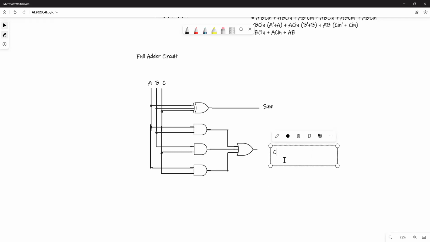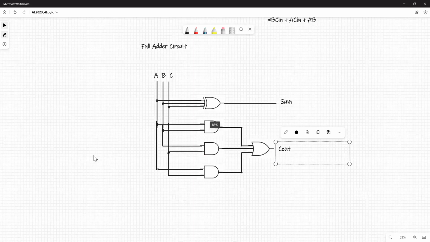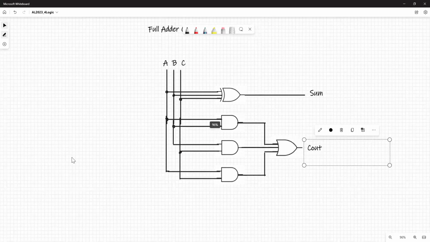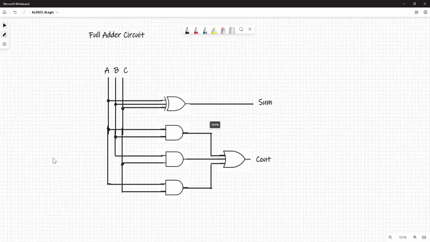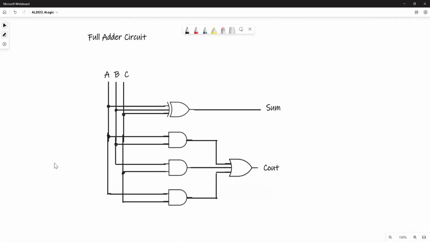So here is the final one, the circuit for the full adder. Okay, right.